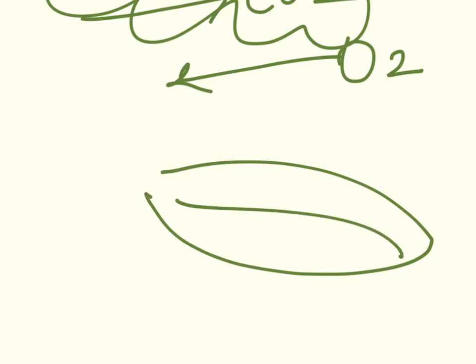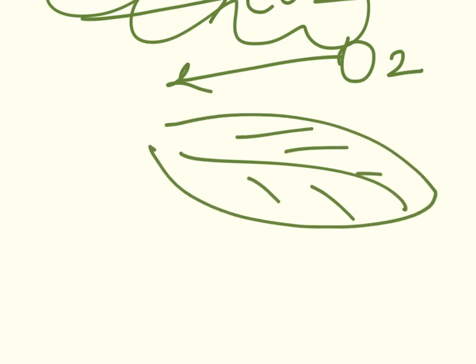So let's say that's the top side of the leaf. At the bottom side of a leaf, why isn't this working? There we go. Pretend this is the underside of the leaf. There's like a little box thing, and this would be the stomata.